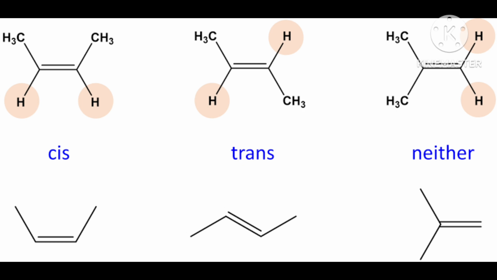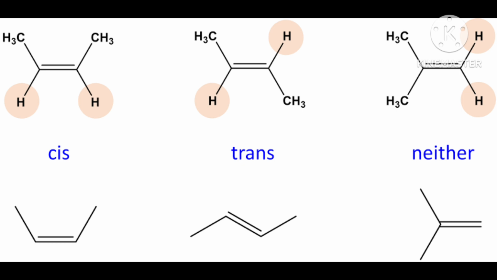Its nomenclature will first write cis because both are adjacent. After that, 1,2, what will you write? Dichloroethene. A double bond is there, that's why ethene. So cis-1,2-dichloroethene.